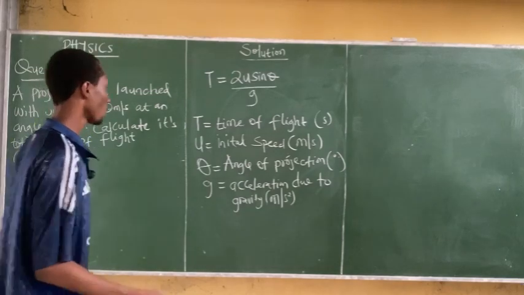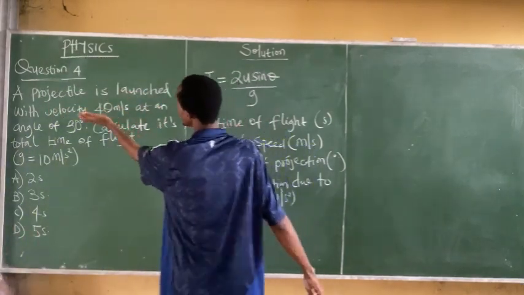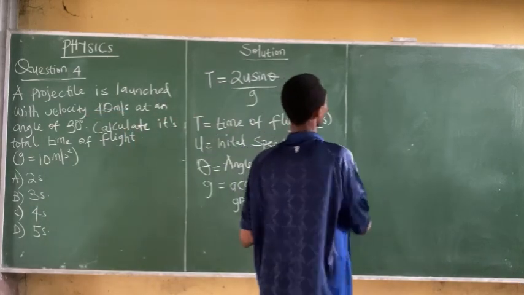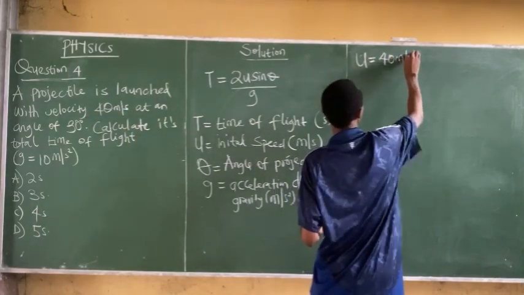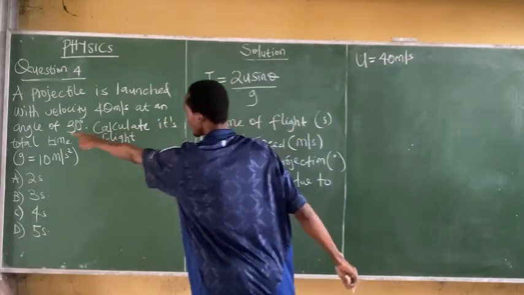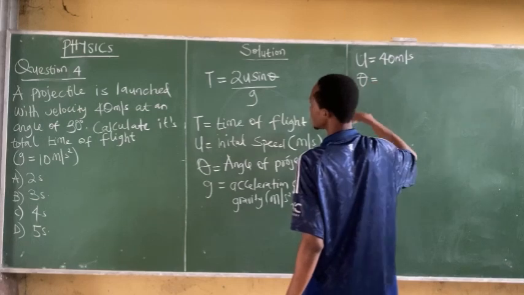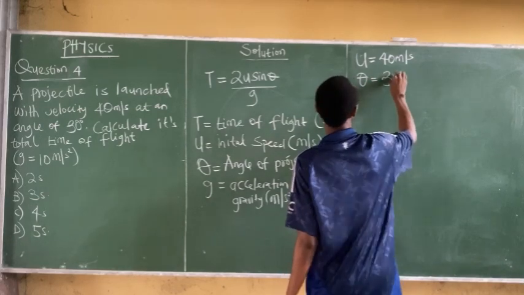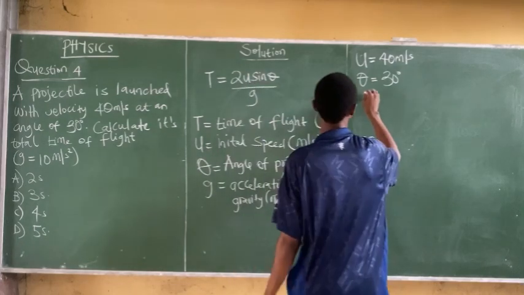Now let's check what we were given in the question. They said a projectile is launched with a velocity of 40 meters per second. So we have u to be 40 meters per second. At an angle of 30 degrees, we have theta to be 30 degrees. Calculate its total time of flight.